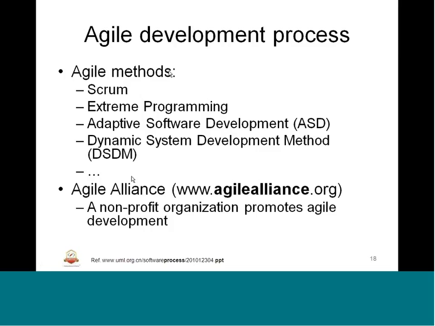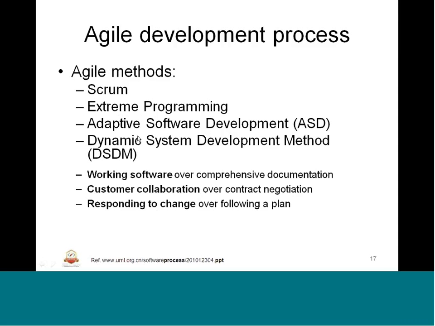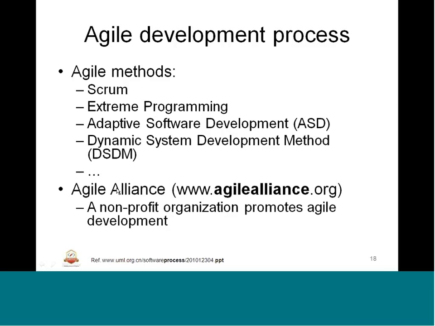Scrum and extreme programming are most popular. It's also called rapid application development, RAD, and there is a website called Agile Alliance. They do research and try to promote agile development. You can go through www.agilealliance.org. That talks about the agile development process.